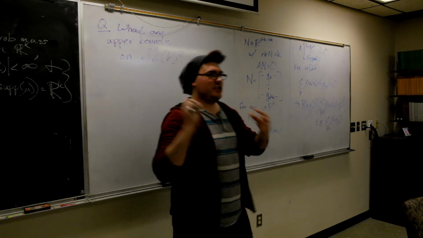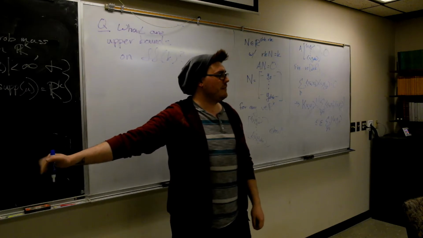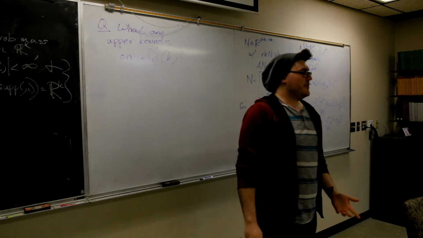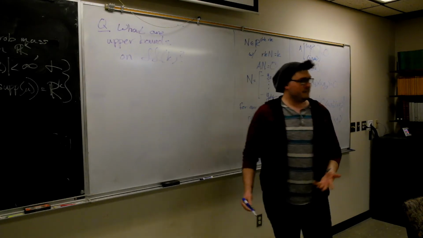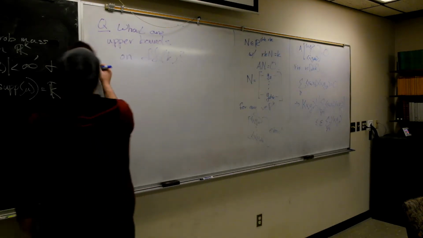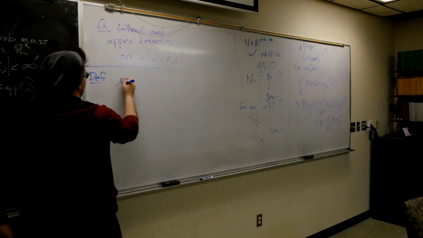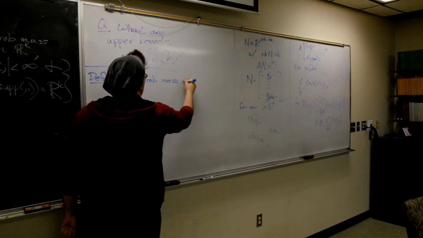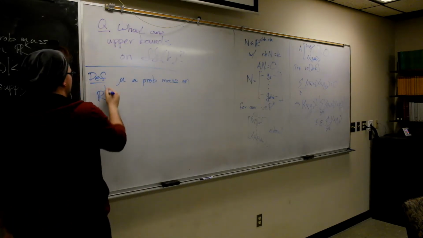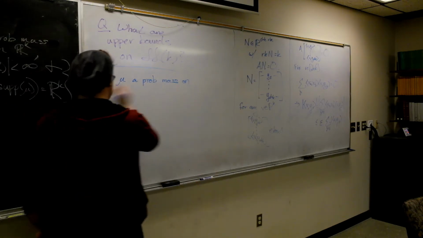But we can actually change the probability mass and not change the L function. So how can we change it? It's actually invariant under general linear transformations. So I guess I should define something. Definition: if I have mu a probability mass on R^k, anytime I say probability mass, it's just Borel.